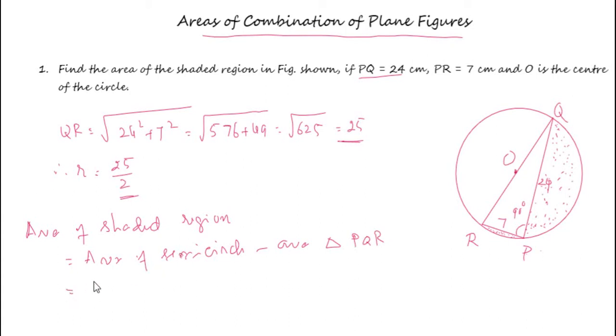Area of the semicircle is half into pi. Pi is 22 divided by 7, R square. R square is 25 by 2 into 25 divided by 2, minus area of PQR. This is 90 degrees. So half into base into height. Half into 7 into height. Height is 24.